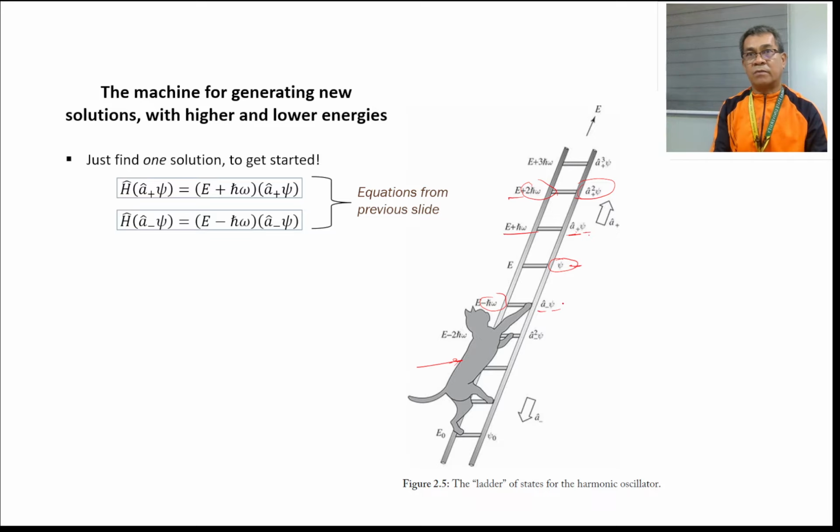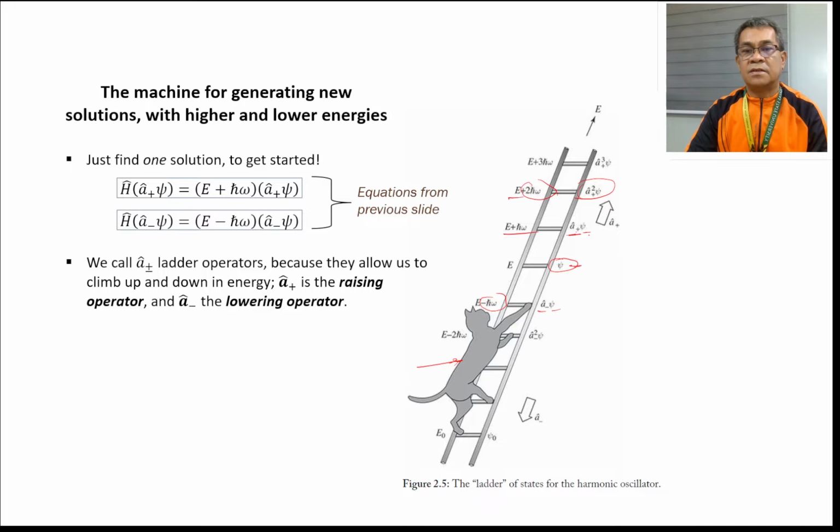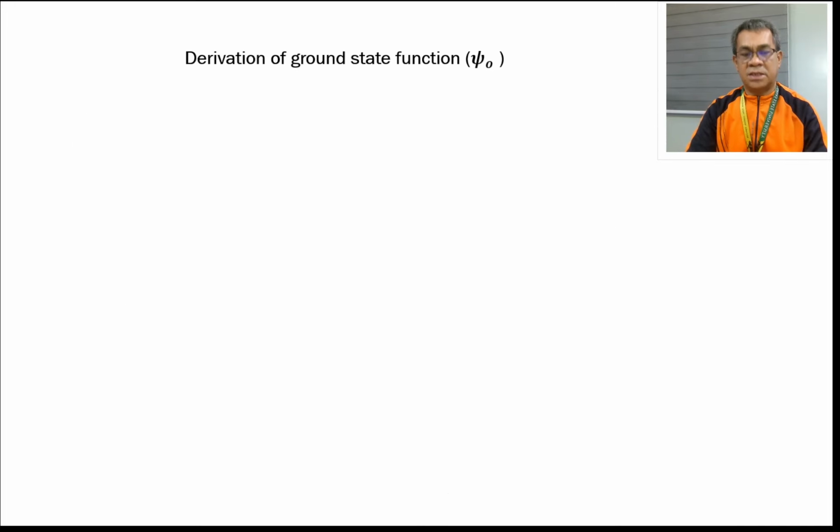If you are interested in a lower level of energy or wave function, then let that act on it, and you can solve for the energy and the wave function simultaneously. This is the idea of the ladder. That's why we solve the quantum harmonic oscillator system using the ladder operator. So you have to memorize the raising and lowering operators. Okay, so let's now derive.